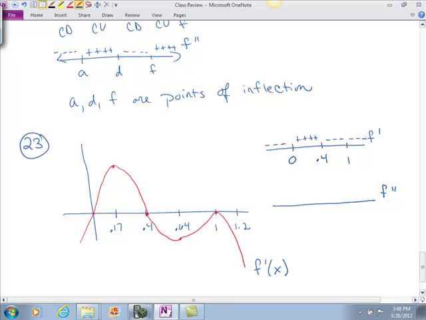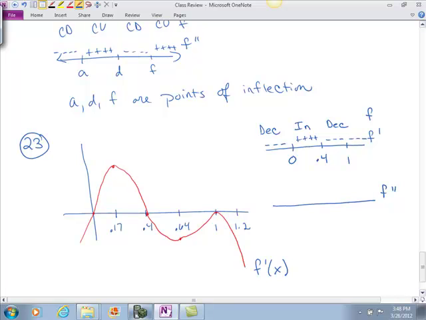So we know that the original function f will be decreasing from negative infinity to 0, then increasing from 0 to 0.4, and then decreasing for the rest of the time.